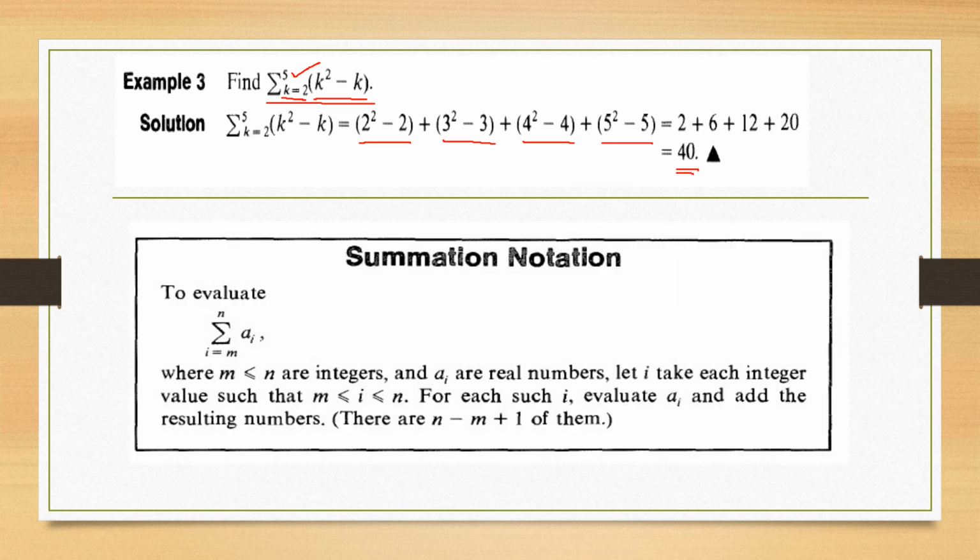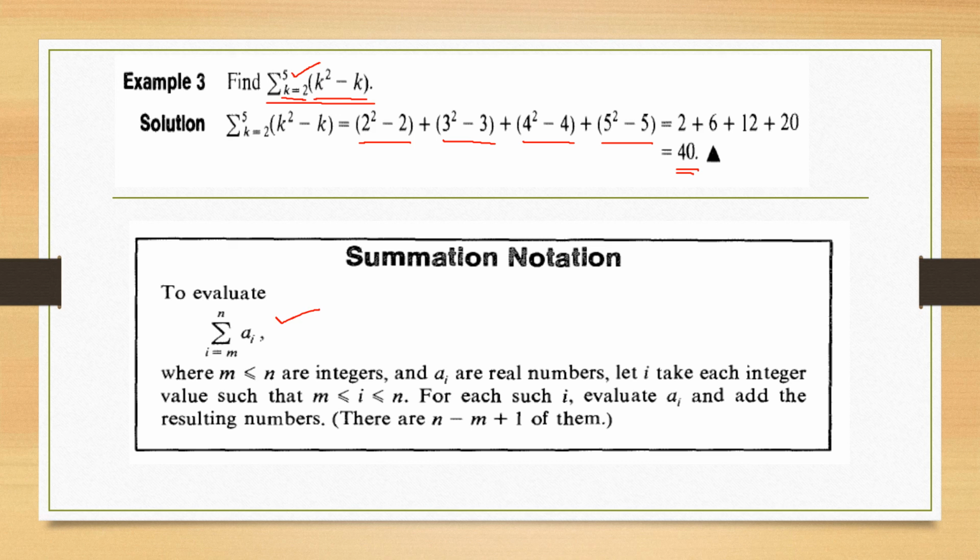To evaluate the sum of ai where i varies from m to n. In this notation, m is always less than or equal to n, and m, n and i are integers and ai are real numbers.